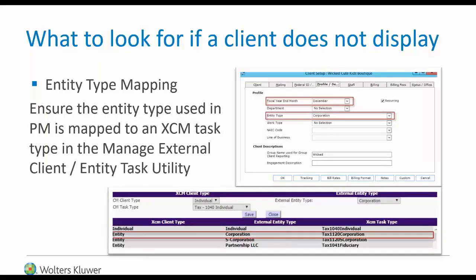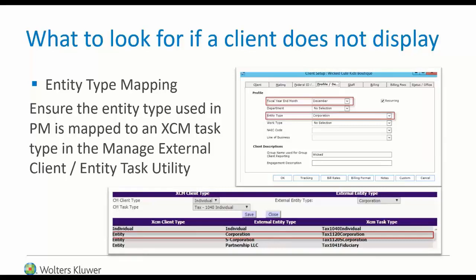The entity type mapping will give you the ability to see the entity types at a task-driven or task type level. And we want to make sure that they're broken out to match a task type inside the XCM application, and it's just one task type.